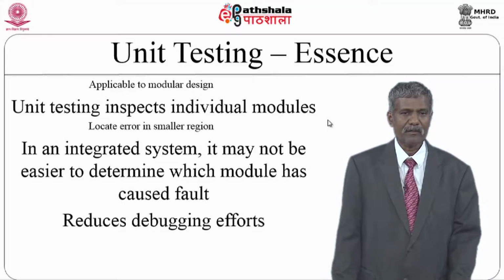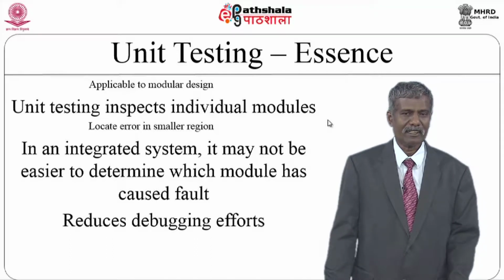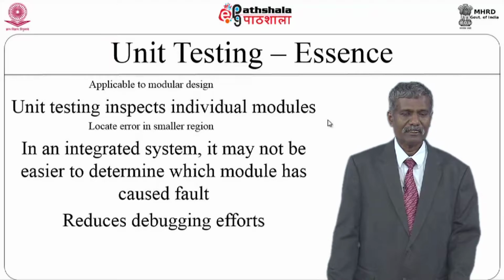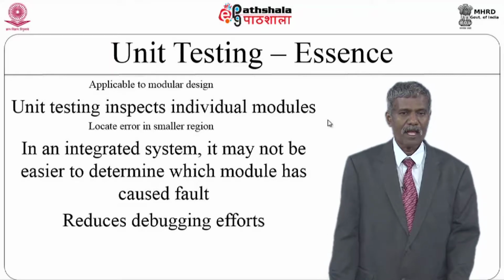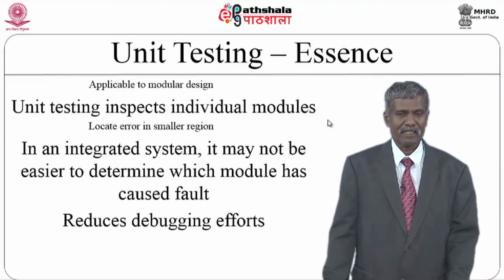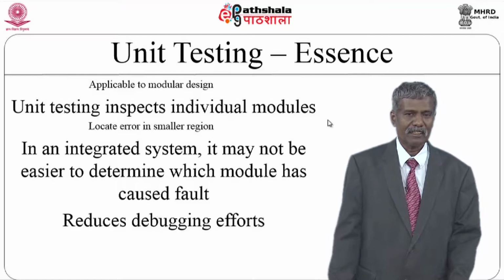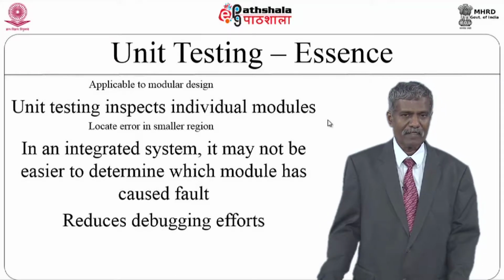By testing, you will find which function it is coming from. After that, you can go for debugging. With debugging, you can find out what is the cause for that. Or you can go for black box testing, find the function, come to white box testing, find the line or statement where it is coming from, and using debugging, analyze how the error was propagated from one place to another place.